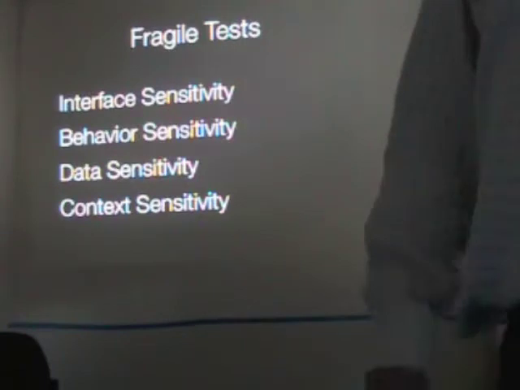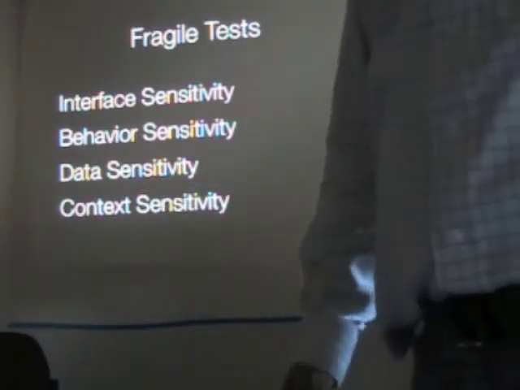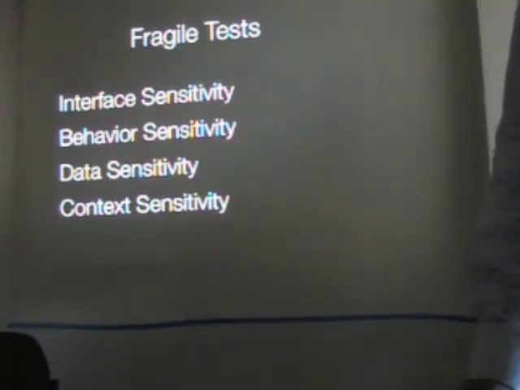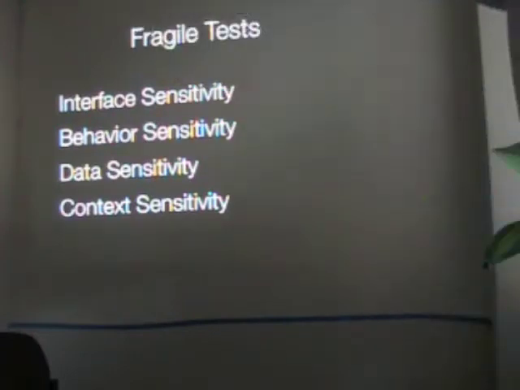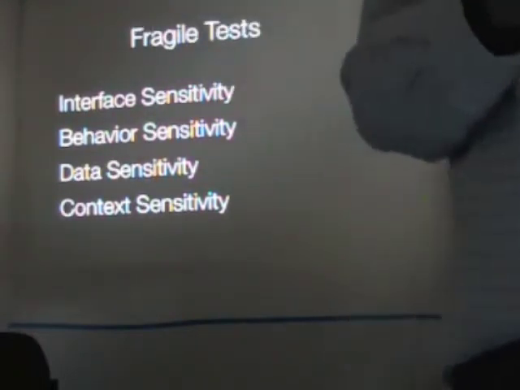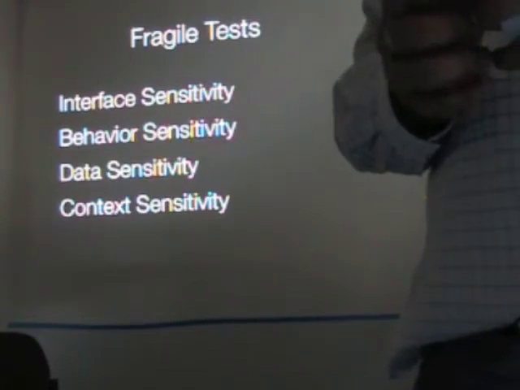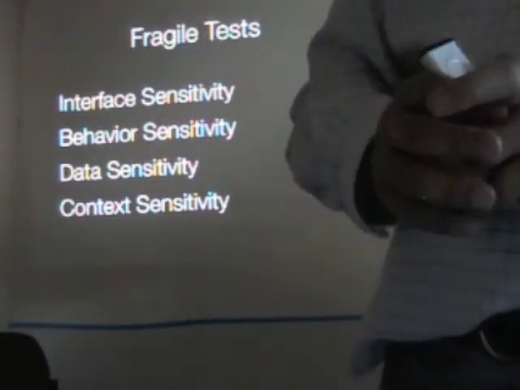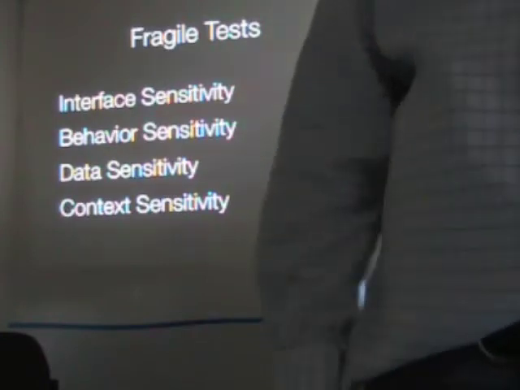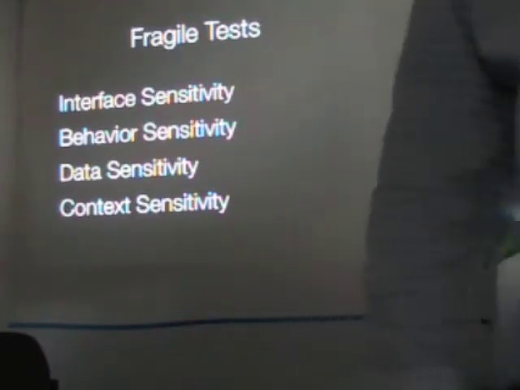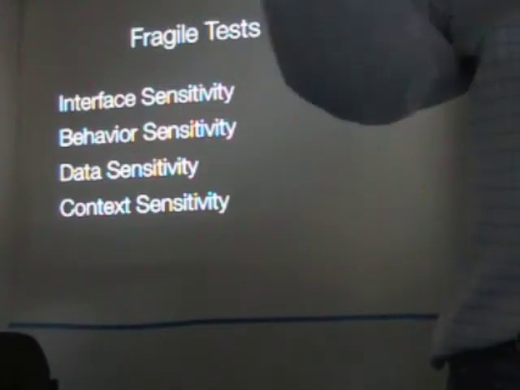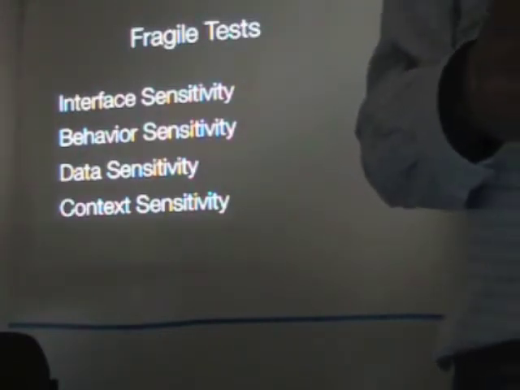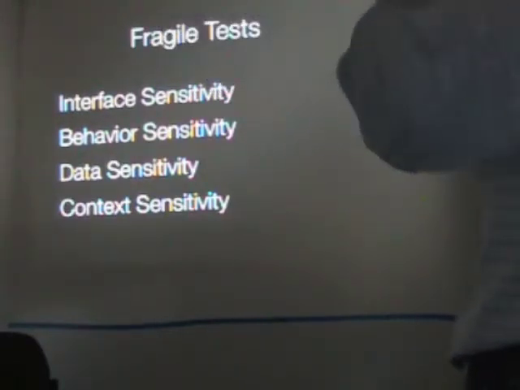Okay. And then the behavior sensitivity. The customer comes up with a new requirement, and marketing comes with a new requirement, and they give you the new requirement. And if you just code the new requirement, the tests are going to break, right? Because the tests are written for the old requirements. If the behavior changes, the test should actually fail, because as far as the test is concerned, the code is broken.